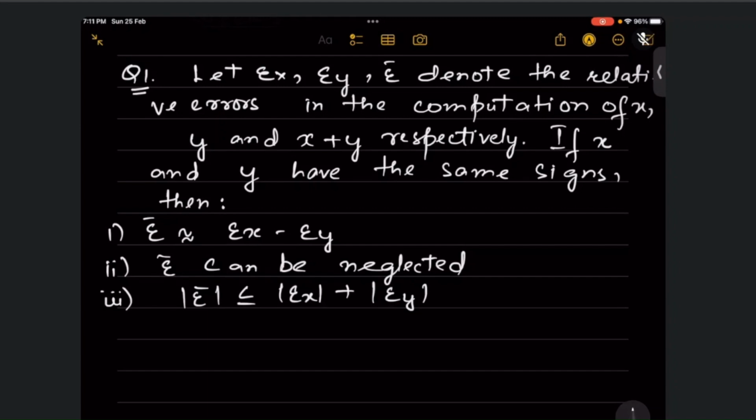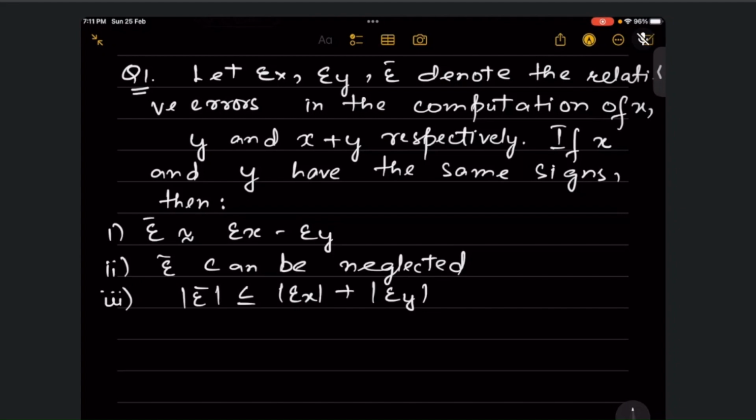How will we approach this question? This relates to errors that are given.